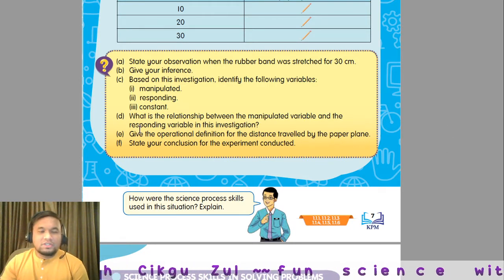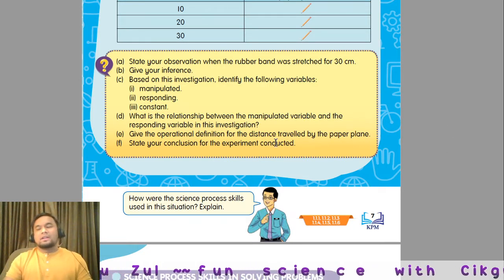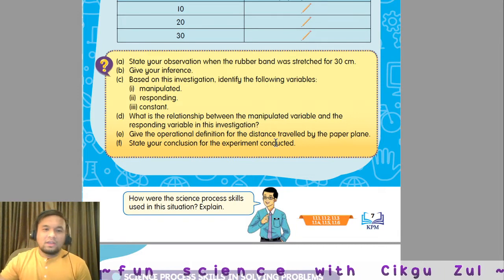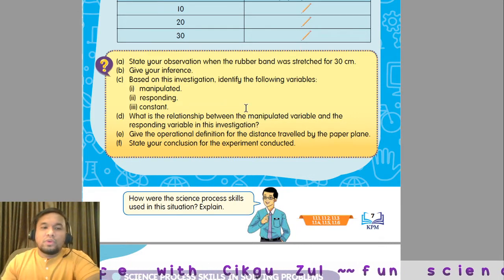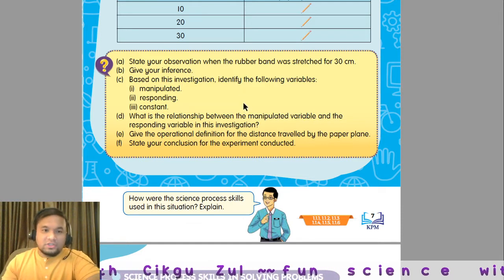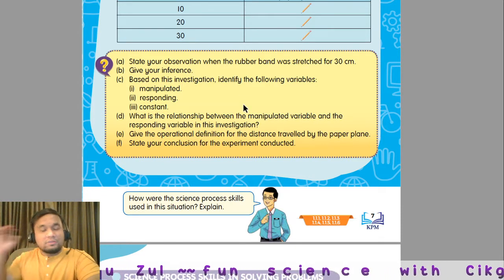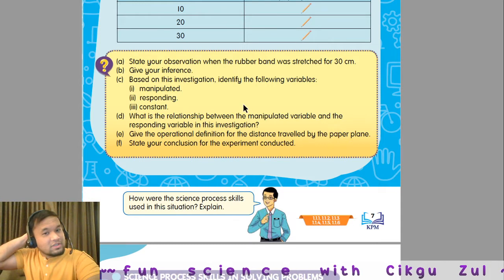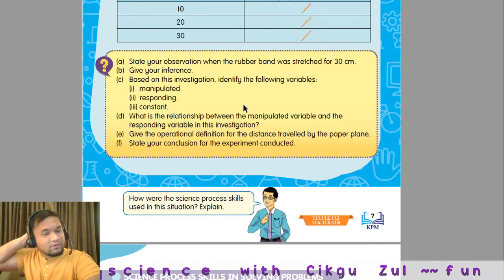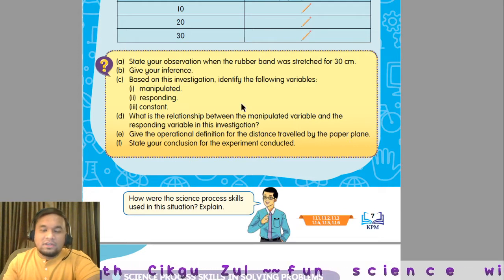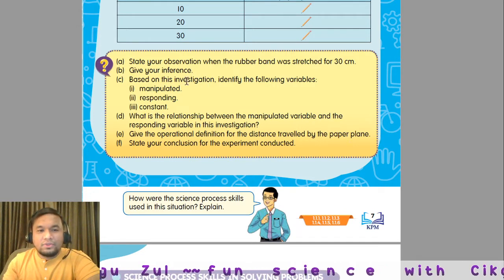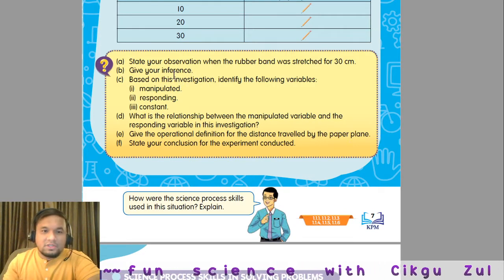From this paper plane activity, I think you all have remembered these questions that we have already answered, and there are a few techniques and specific terms that we have to use when we are answering this kind of question. Especially during the examination, where you have to use the word correctly to answer the question related to the science process skills.